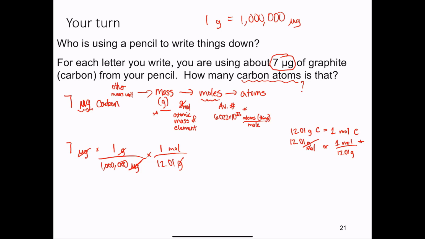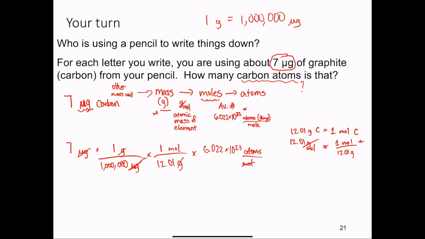Okay, so now I'm at moles, and now I'm going to use Avogadro's number to get out of moles and into atoms. So I'm just going to use Avogadro's number written exactly as it is here, no flipping, as 6.022 times 10 to the 23rd atoms per mole.